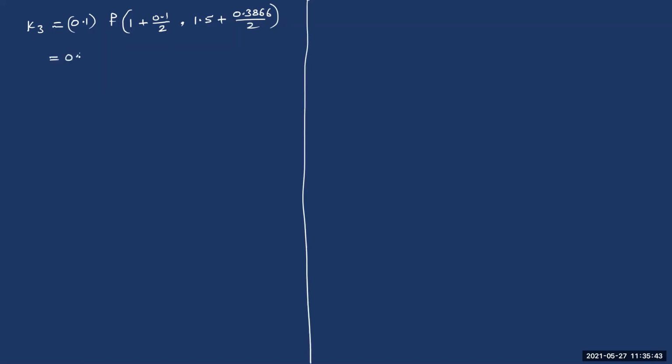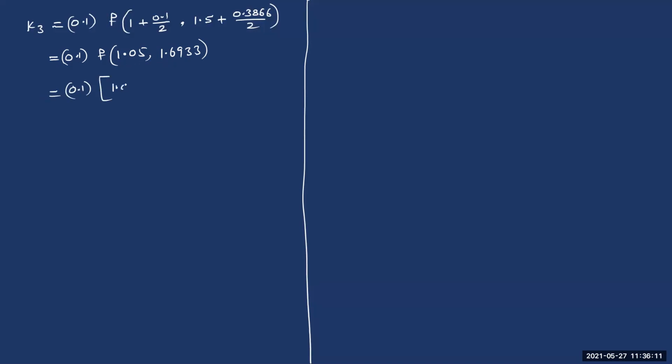It is equal to 0.1 into f of, how much is it, 1.05. And how much is this, 1.5 plus 0.3866 divided by 2. So I'm getting this as 1.6933. So this is equal to, if you still simplify this, 0.1 times x square plus y square, you see the function.